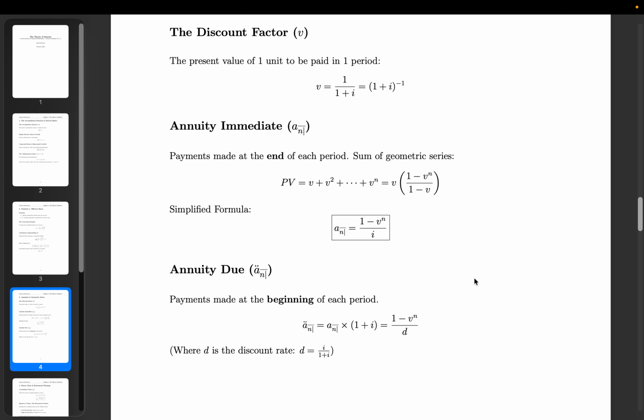Since an annuity due gets you the money one period sooner, it's more valuable. a double-dot angle n equals a angle n times (1 plus i), or equals (1 minus v to the power n) over d. The text emphasizes that you can derive almost any financial instrument, loans, savings, lottery payouts, just by manipulating this geometric series. If you understand the series, you understand the product.